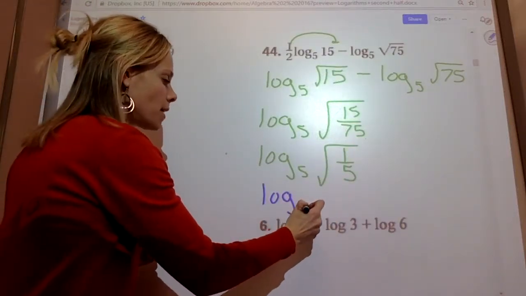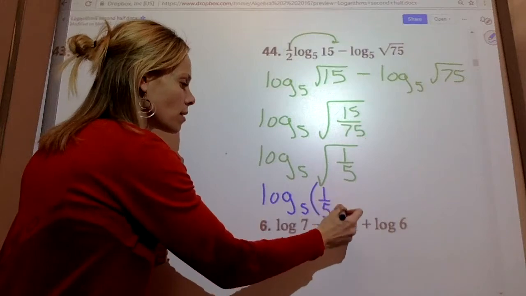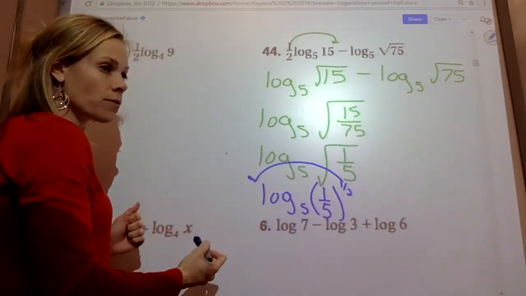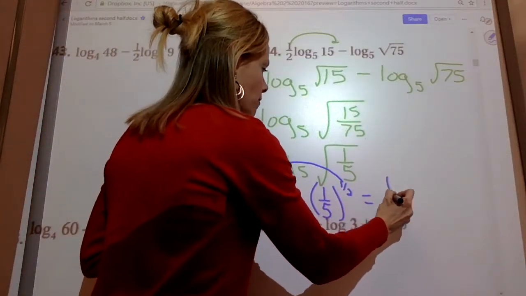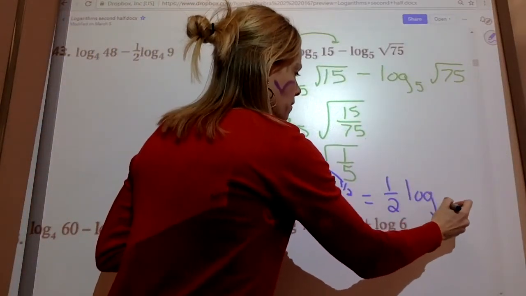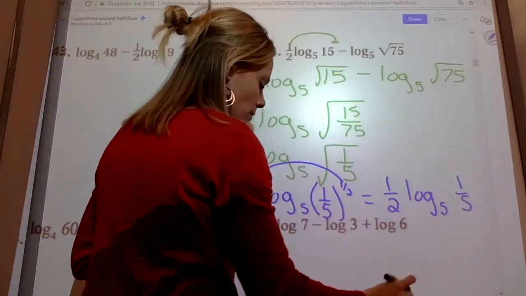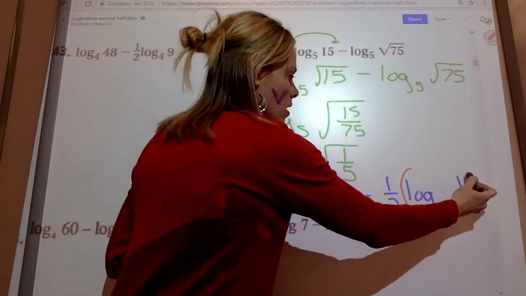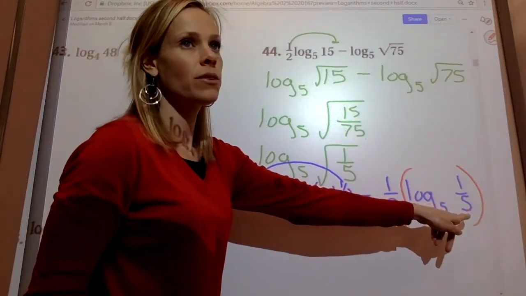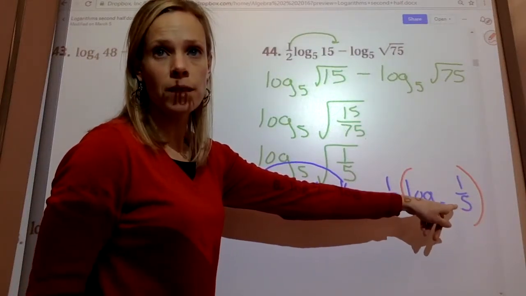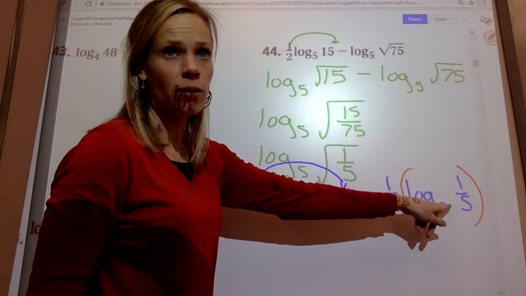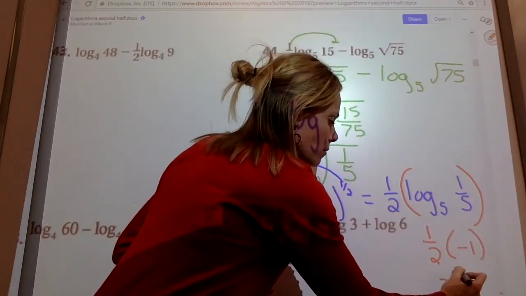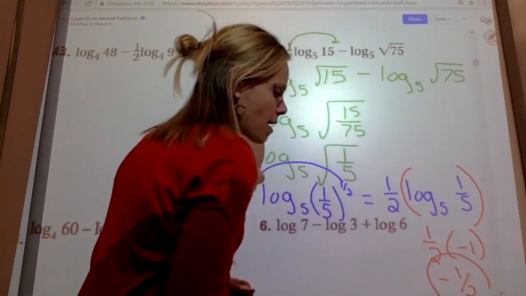So log 5 of 1/5 to the 1/2 power, I can then move it in front and have 1/2 log 5 of 1/5. Then I can say, yep, this log 5 of 1/5 equals negative 1, because 5 to the negative 1 is 1/5. So really I'm taking 1/2 times a negative 1, which gives me a negative 1/2 as an answer.